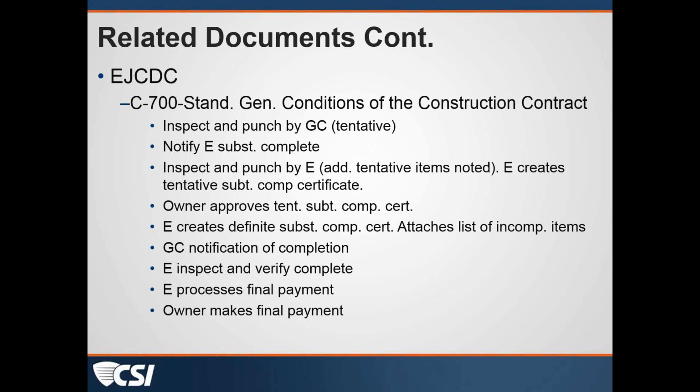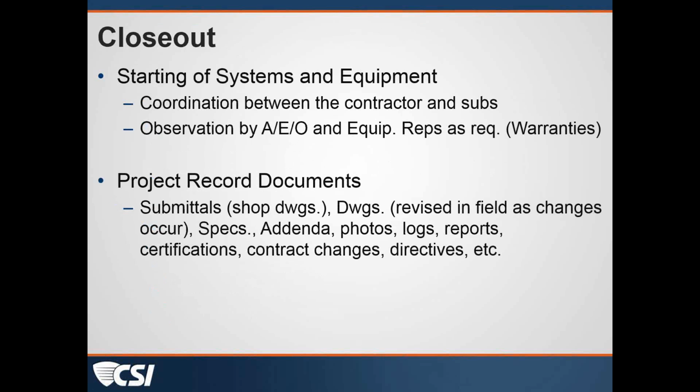All of those are not listed there, and we'll be talking about those a little bit later. Right. Well, Matthew, let's go to the next slide then as we take a walk through the closeout piece by piece.